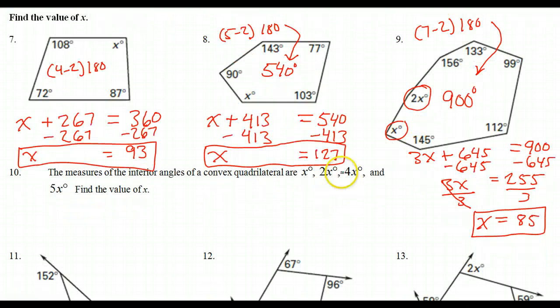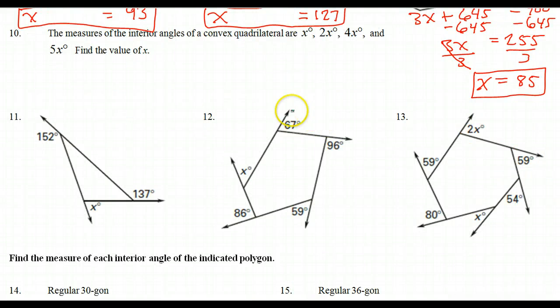Now, problem number 10 is really the same thing, just without a picture. We're told it's a quadrilateral, and we're given these 4 expressions. So once again, let's just start by finding the total degrees. Now, if I do n minus 2 times 180, okay, that's going to give me a total of 360 degrees. So as before, we'll put that on the right hand side of the equation.